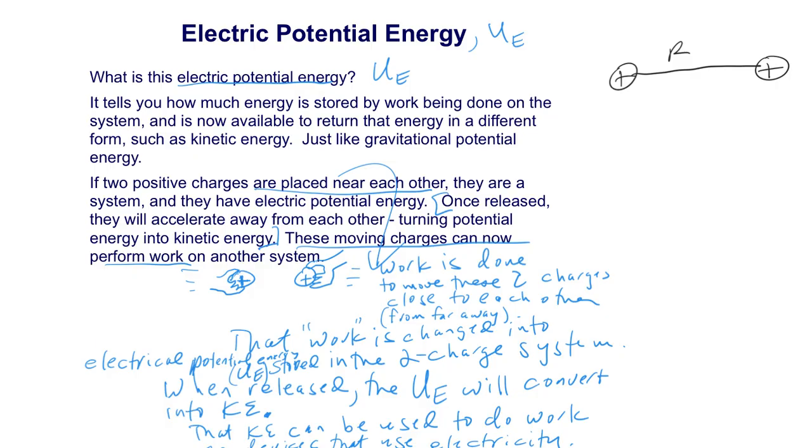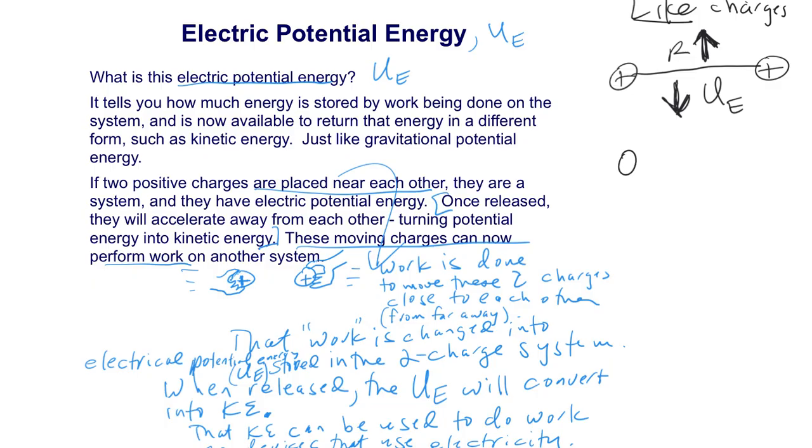So if you have a big R and they're like charges, no matter if they're both negative or both positive, like in this case where we have two positives, the bigger the distance between them, the smaller the electric potential energy. So there's that inverse proportionality. Actually, it's to R squared, but we'll find that out later.